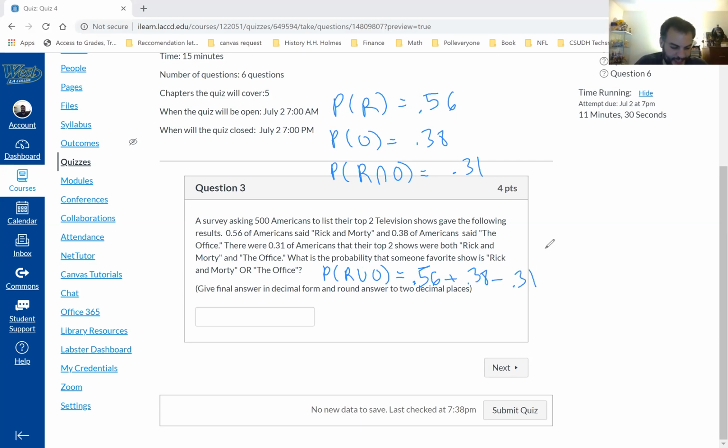If I do 0.56 plus 0.38 minus 0.31, that should give you 0.63. So we'll put 0.63, and that's it for question 3.